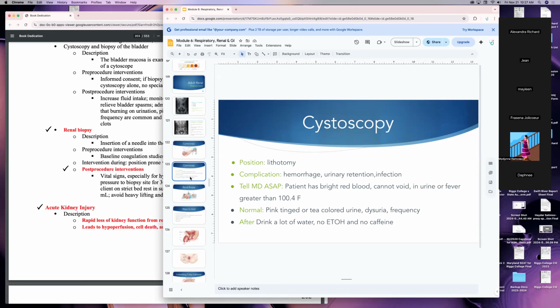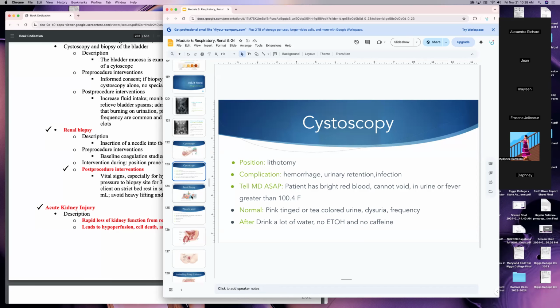It is normal after cystoscopy for their urine to be pink or tea colored, like the color of water in a tea bag. If they have difficulty peeing or they're peeing a lot, that is normal afterwards. What you are concerned about is bright red blood, if they can't void at all, or if they have a fever.